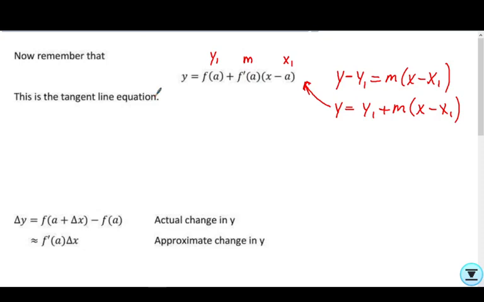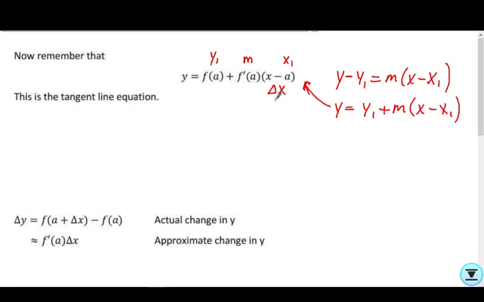So say when we do linearization, where we linearize is basically here. This is telling me I'm taking the y value and I'm adding this part right here. Well, x minus x1 is basically a change in x. It's approximately change in x.